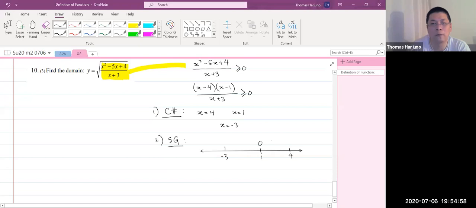The 1 and 4 are the zeros, and -3 gives us undefined. Now when I test x equals 0, I get negative, then negative, and then positive. So this is positive here.